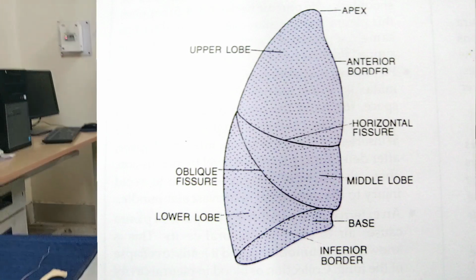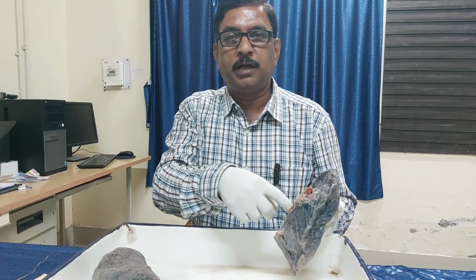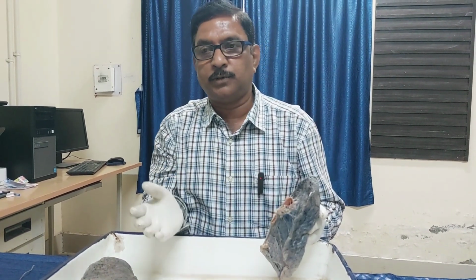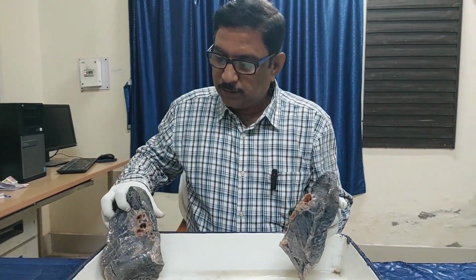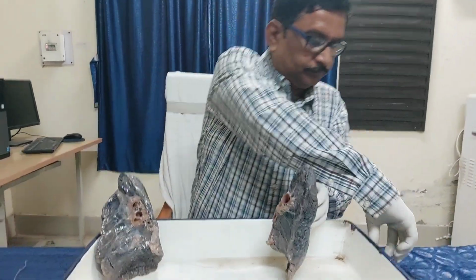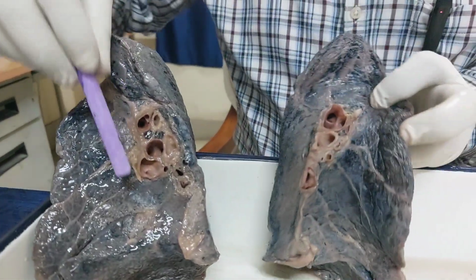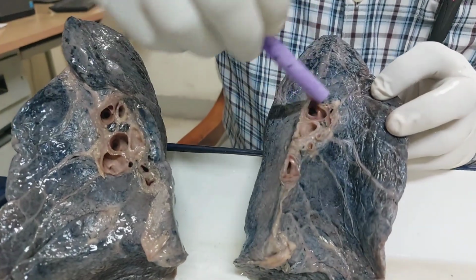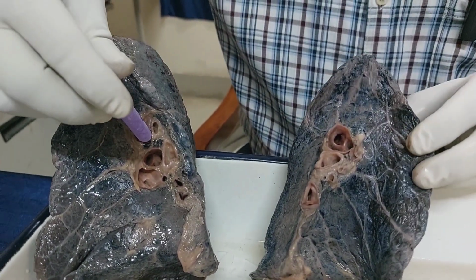The examiner will ask you what are the structures passing through the hilum and what are the structures coming out of the hilum. In both the right lung and the left lung, you will get the hilum. The structures are more or less the same, excepting one extra bronchus on the right lung.